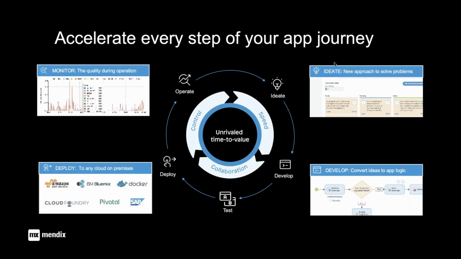Studio is focused on the citizen developer, and Studio Pro on the professional developer. But both are visual, and you'll start developing and then deploying, and then we go to the bottom left to any cloud environment, as I mentioned.